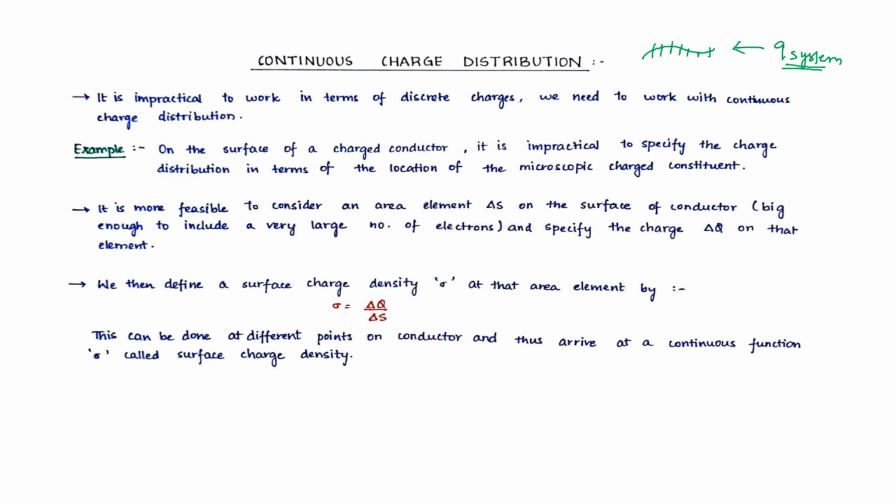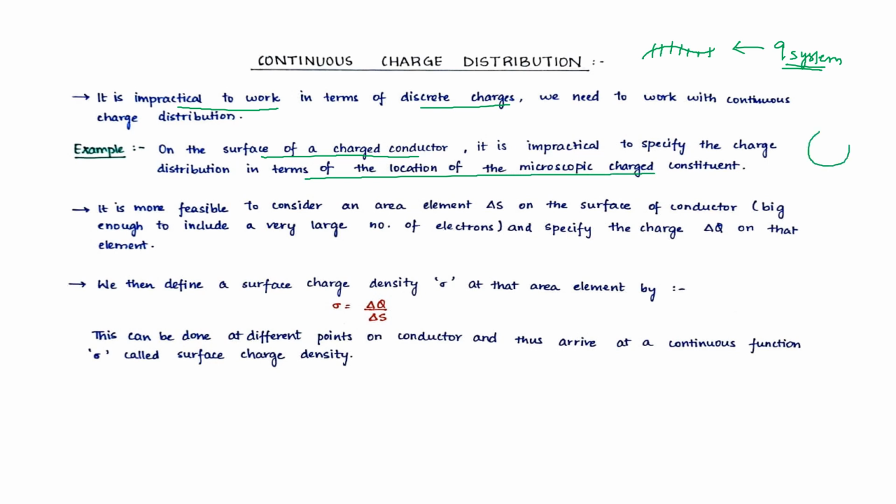It is impractical to work in terms of discrete charges. We need to work with continuous charge distribution. One example is on the surface of a charged conductor, it's impractical to specify the charge distribution in terms of the location of the microscopic charge constituents.